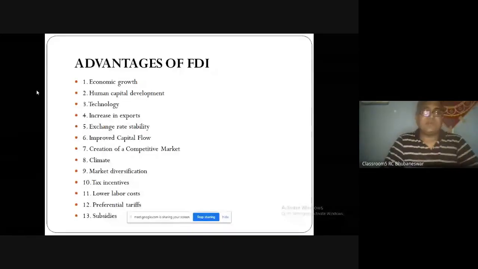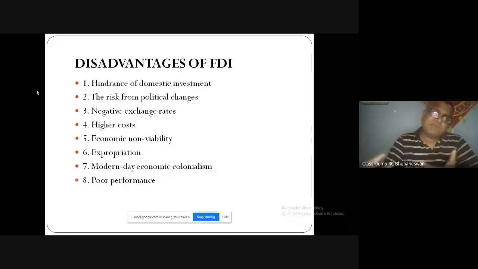If you take the disadvantages or limitations of FDI, there is a hindrance to domestic investment. It means it's an obstacle to domestic investment in domestic sectors. But in India there are different sectors through which the government also protects them, like presently this government is also encouraging FDI in the defense sector.